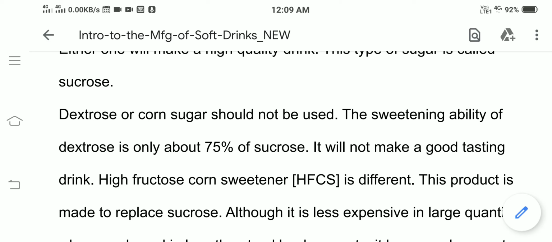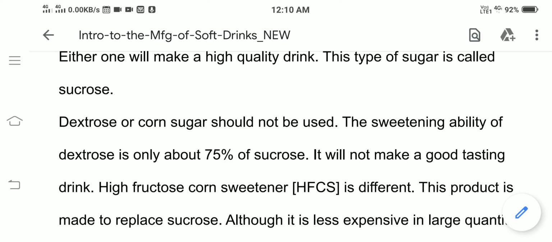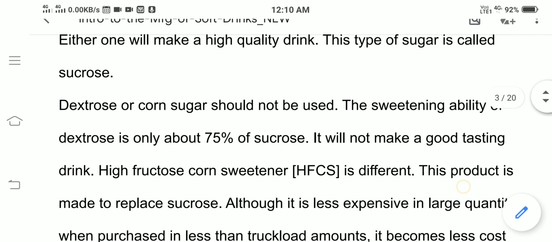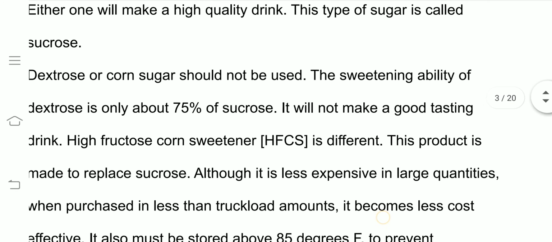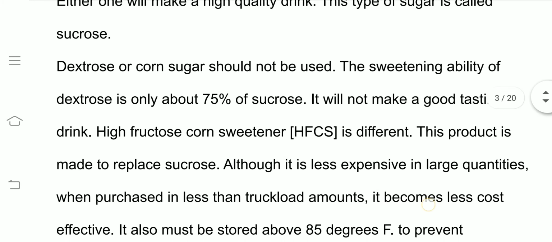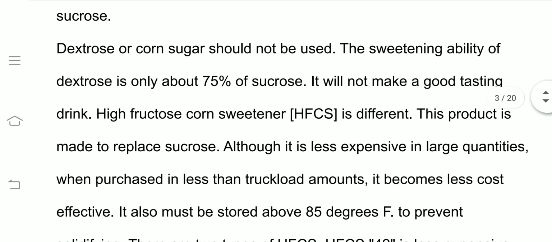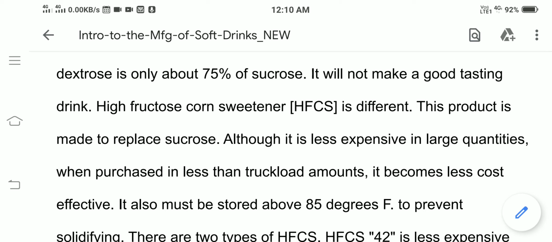It is made from corn starch, and in production of conventional corn syrup, the starch is broken down into glucose by enzymes. So directly we can't use corn sugar or dextrose, but HFCS can be used because it is in the purified form of glucose. This product can replace sucrose or can be used in combination with sucrose.